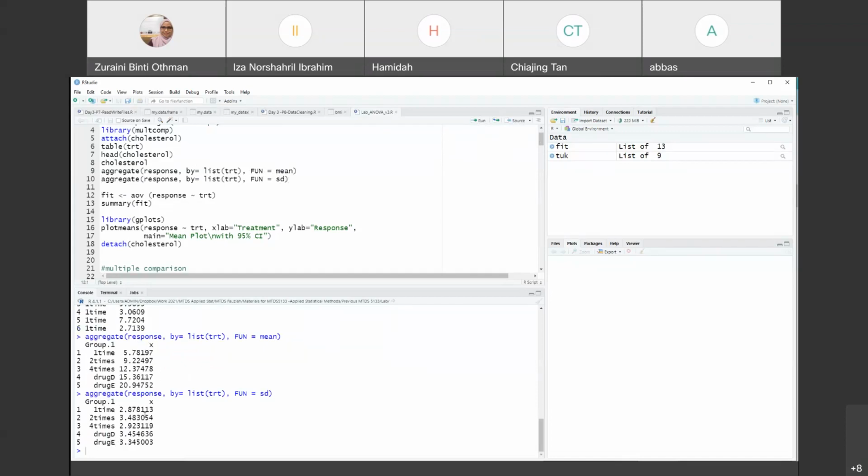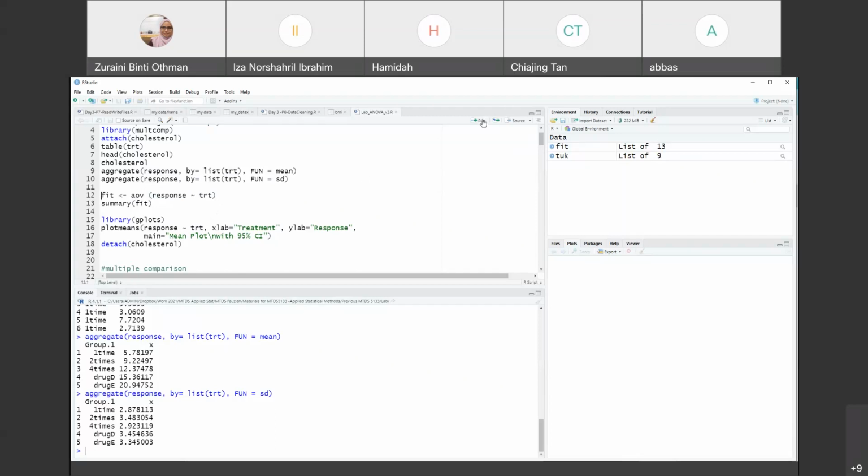This is the value for standard deviation. Okay, then this give the Anova, which is this is the dependent variable, and this is the TRT. We want to know the TRT impact for the response.